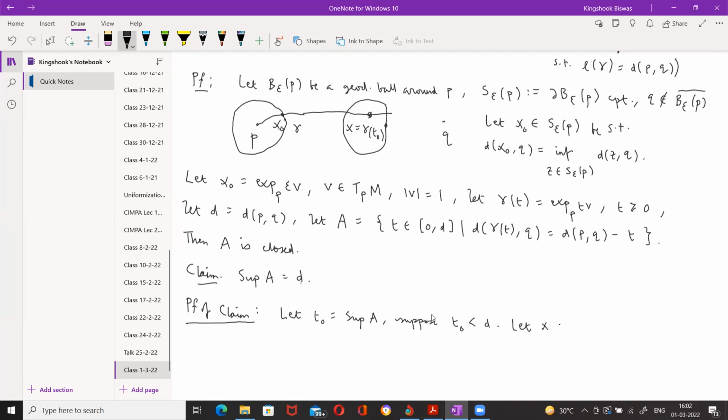Okay. So let X equal gamma of T naught, and delta positive such that, let's say, T naught plus delta is less than D, and B delta X is a geodesic ball.